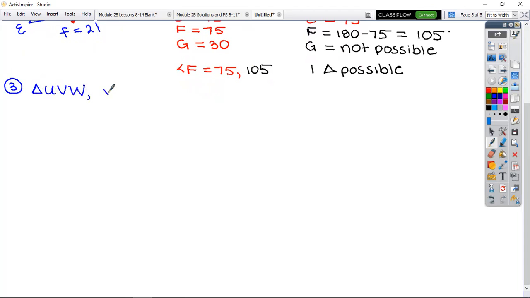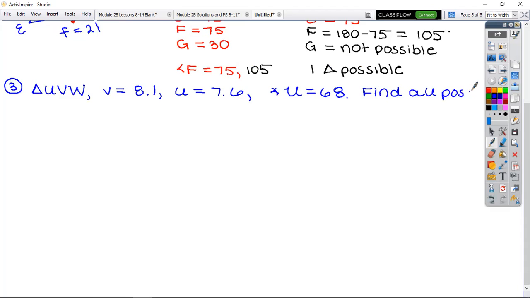And I want to give you little v equal to 8.1 and little u equal to 7.6 and angle u equal to 68 degrees. Find all possible values of angle V.